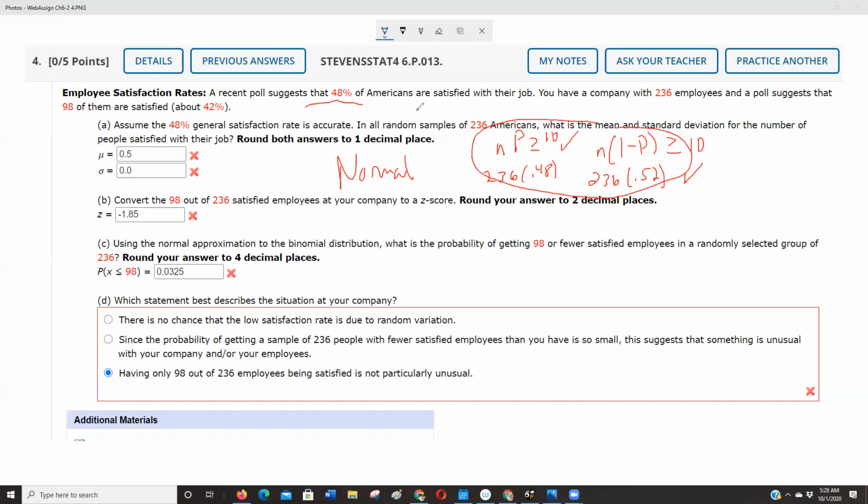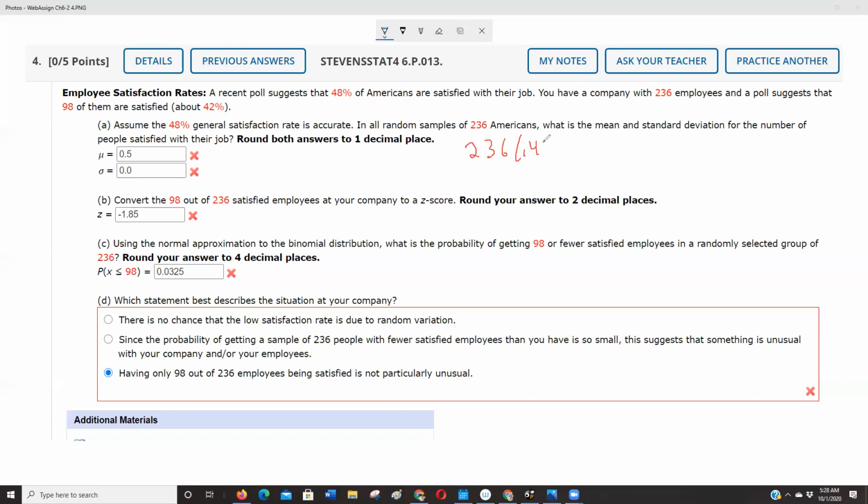So the normal approximation of the binomial distribution tells us this is the normal curve. Because it is a binomial distribution, we can say the mean is 236 times 0.48.